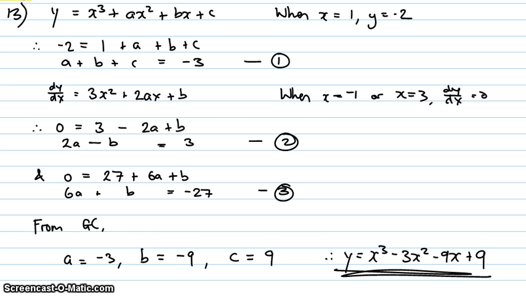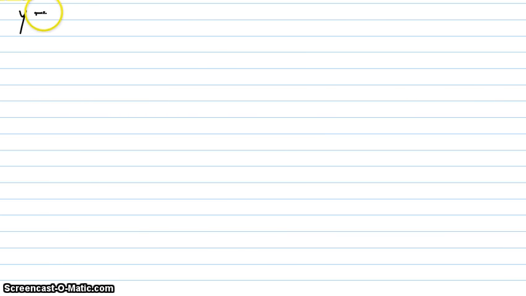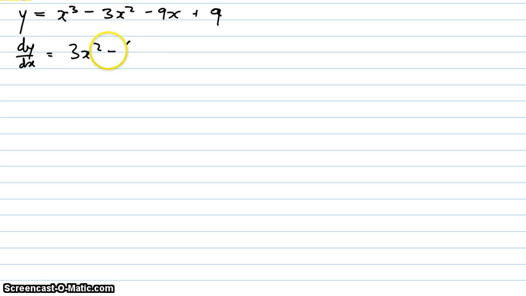We've got our y value, x cubed minus 3x squared minus 9x plus 9. We know that dy by dx therefore is equal to 3x squared minus 6x minus 9 and equals 0 when x equals 3.